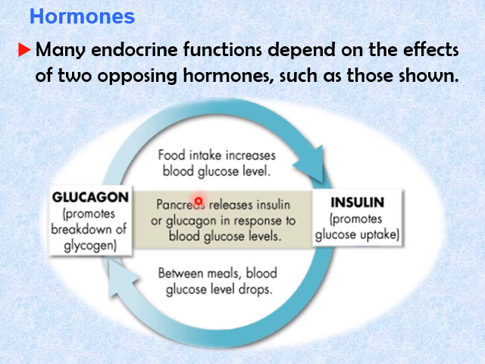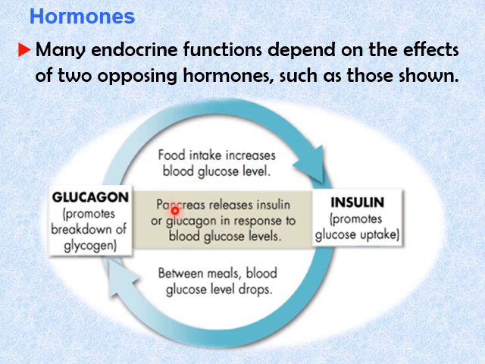These special cells in the pancreas release insulin and glucagon in response to different levels of glucose in the blood. The first situation that we see is when we eat food. When we eat food, the blood glucose level rises above normal.